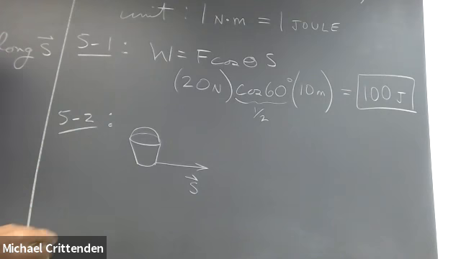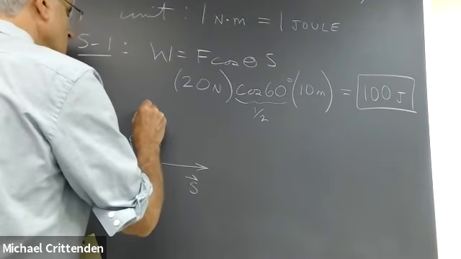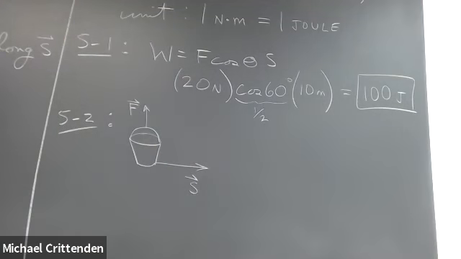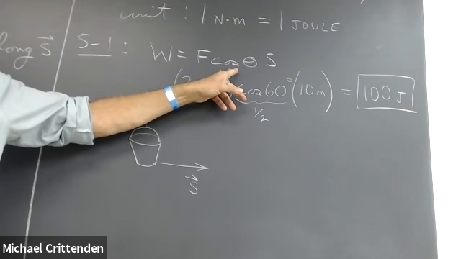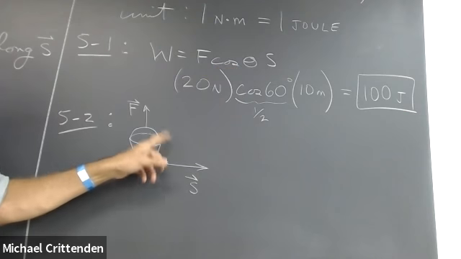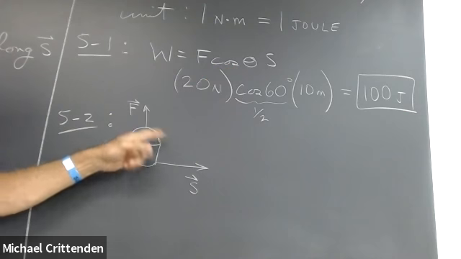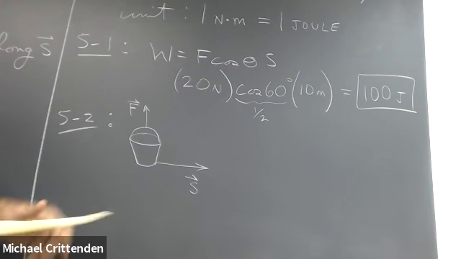And as you go walking along, the force you exert on its handle is that way. So notice that work has this cosine factor in it. And notice that these two vectors are perpendicular. The force has no component in the direction of motion.